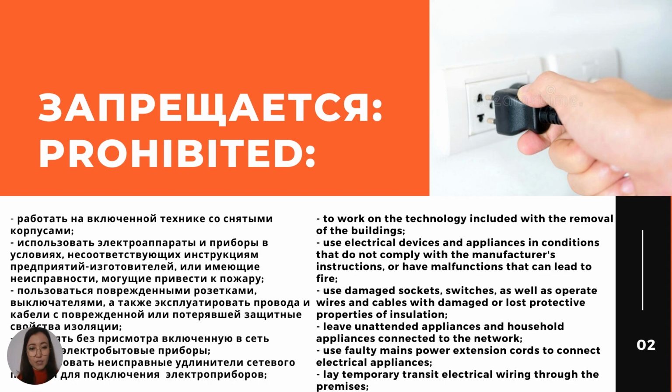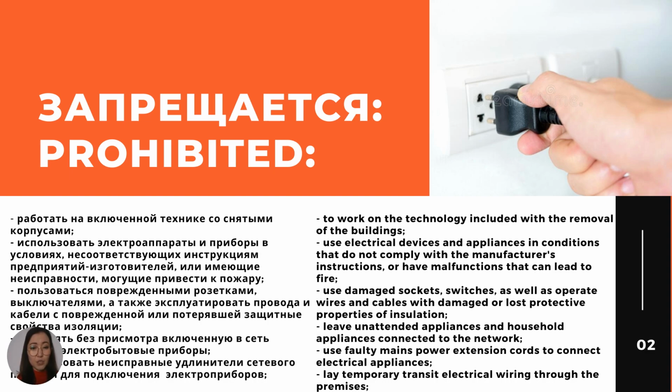Let's start with electricity safety. It's prohibited to work on the technology included with the removal of the buildings. And it's prohibited to use electrical devices and appliances in conditions that do not comply with the manufacturer's instructions. Then to use damaged sockets, switches, and other damaged cables, for example.